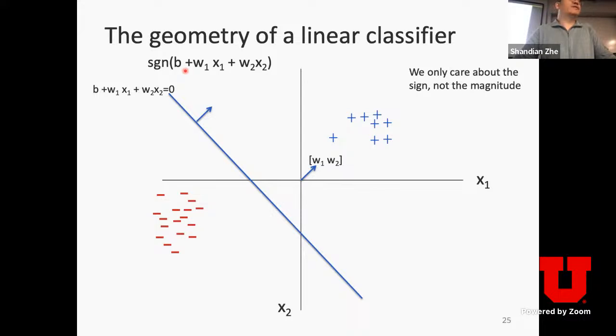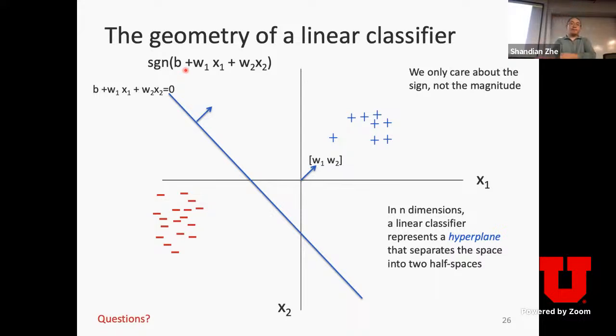Any questions so far? Okay. So when we extend to n-dimensional space, the linear classifier represents a hyperplane that separates the space into half spaces. This is just as we mentioned. In the two-dimensional space, which is a plane, your linear classifier specifies a line which separates this plane into two half planes.